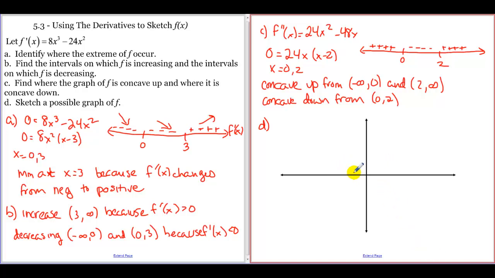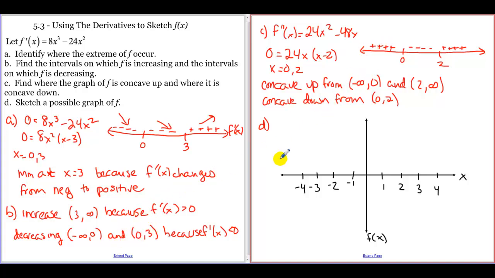So I drew my axes in. I'm going to get some x values in here, making sure you're labeling the scale. You might even want to label that that's the x-axis, and this is our f of x-axis. They don't give me any function values, but I know from 0 to 3, I'm decreasing, but I have to be constant at 0.